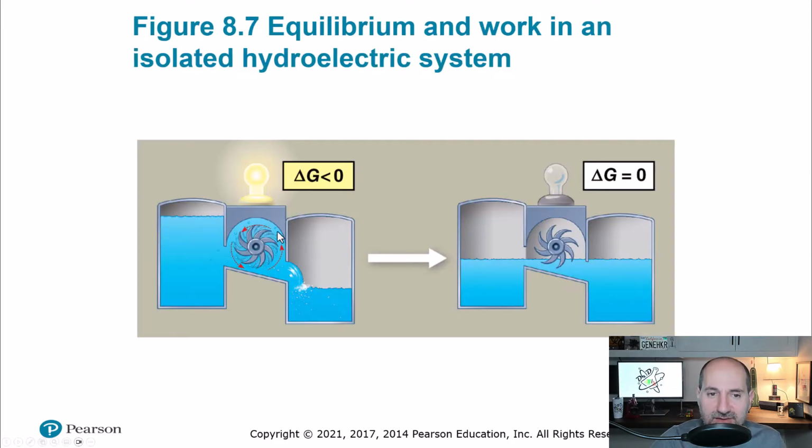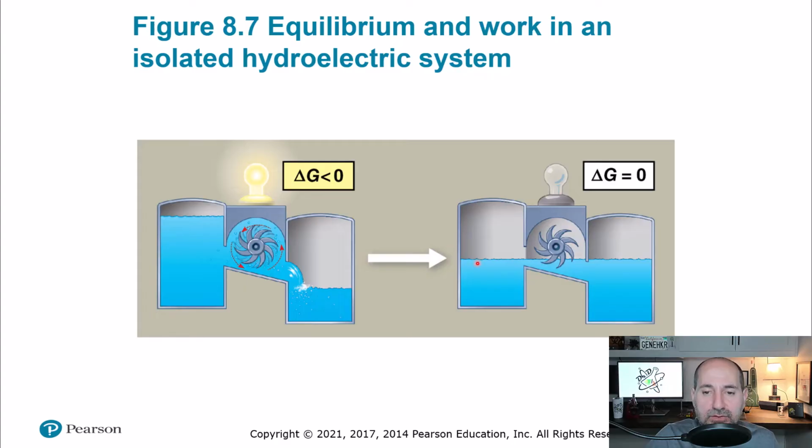So you see here, this is a closed system, a hydroelectric system, where the water is high on one side, and that is giving this water a high potential energy on the left side. That water can convert its potential energy into kinetic energy as it drifts down to the other container. And this kinetic energy of water can drive a turbine. And this turbine can turn to produce electricity to light this light bulb.